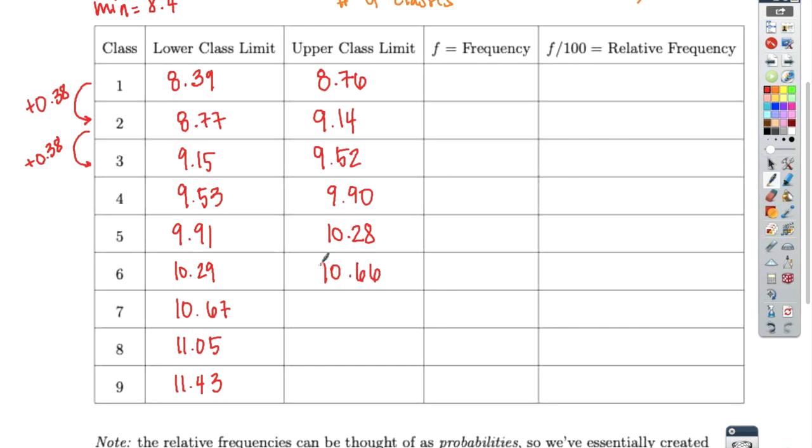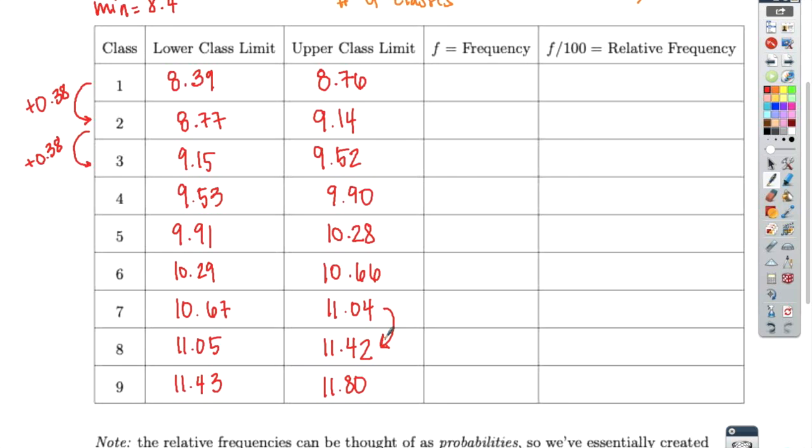And then 10.66, and 11.42, and then the largest one here is 11.80. Now, if you're concerned about how we got this one, because you don't have that next lower class limit to base your answer from, you can check in your calculator: 11.42 minus 11.04.